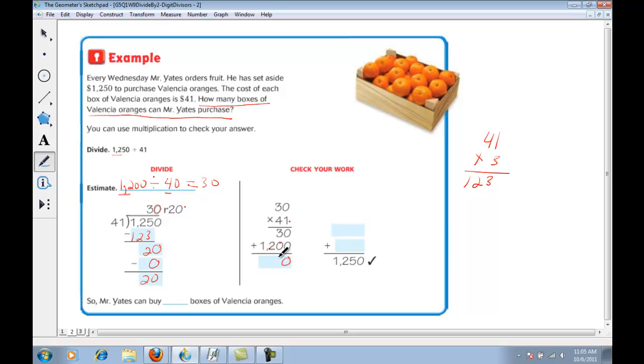So now when I add this up, I get 1,230 in my 41 groups. But remember, I have $20 left over. So if I add that $20, I get 1,250, which is the amount that I had. So I can see that my quotient is correct.